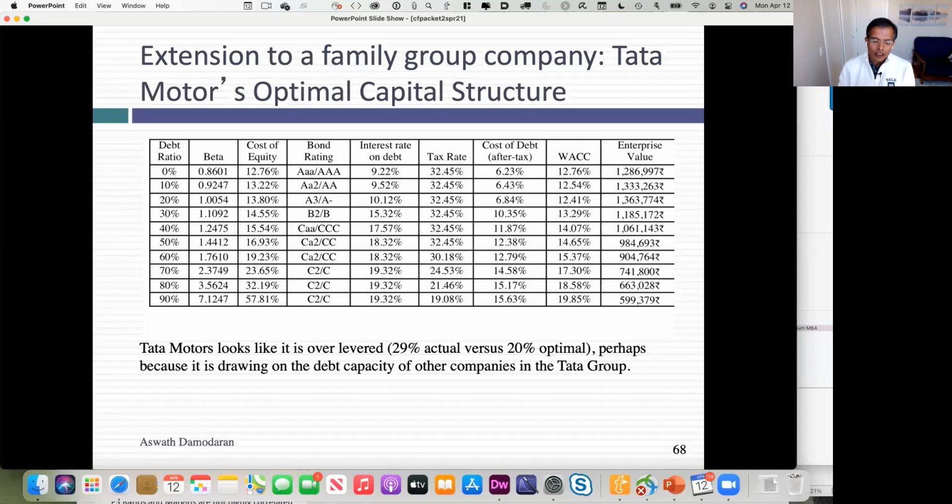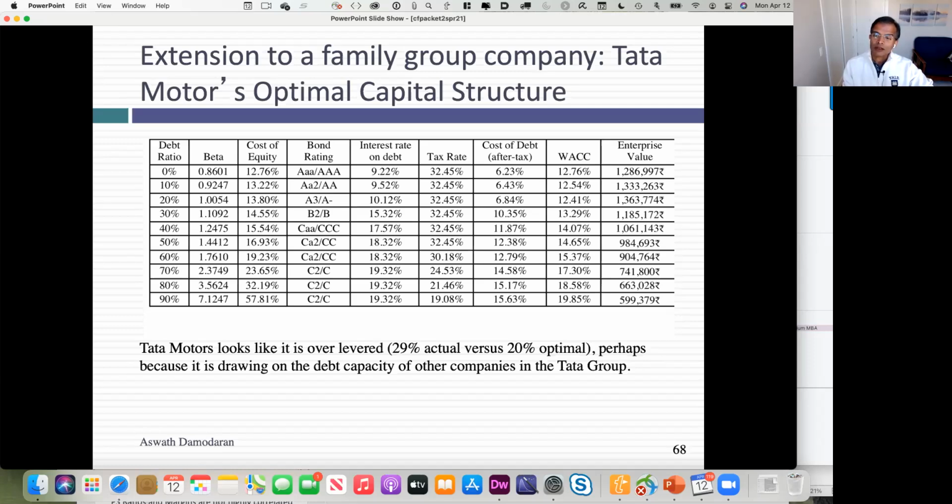In fact, one of the interesting things that I did as a follow-up to this was I did this for Tata Steel, Tata Chemicals, which are also Tata companies, and they were over-levered as well. Then I looked at Tata Consulting Services, which is the biggest part of the Tata Group, and they were significantly under-levered. So I had three companies that were over-levered and one company that was massively under-levered.